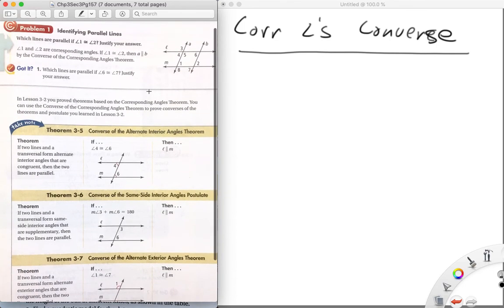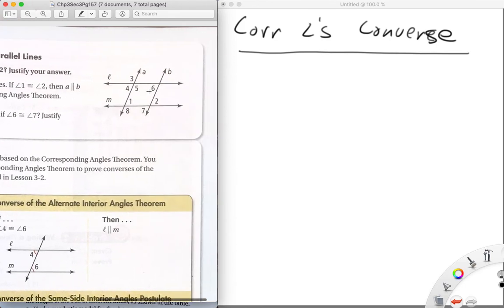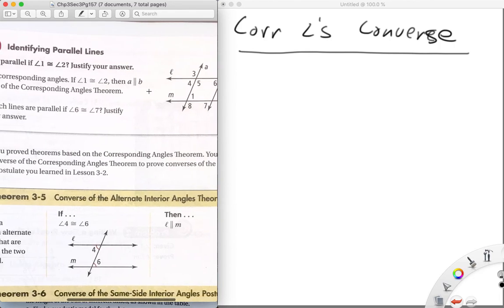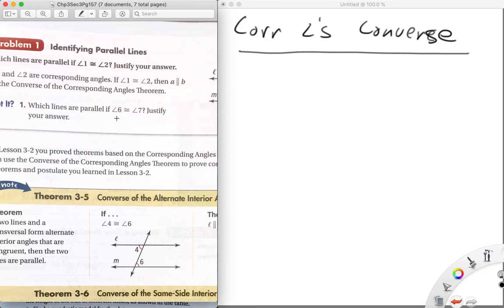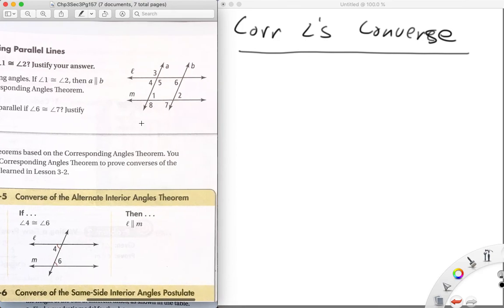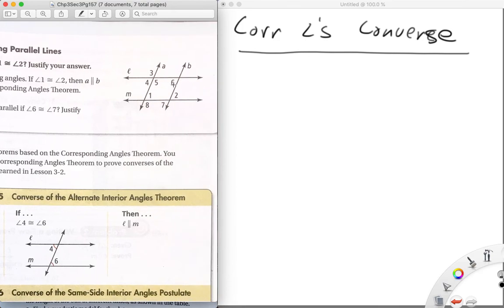So here we have this group of lines intersecting each other, and they ask which lines are parallel if 6 is congruent to 7. So here's 6 and here's 7. They are corresponding angles if B is your transversal.